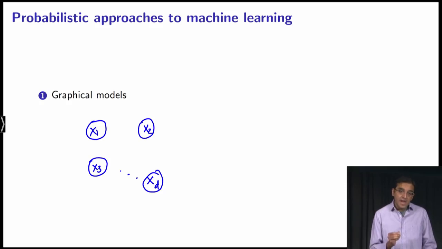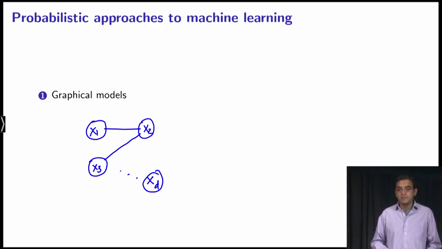And we put an edge between two nodes if we want to capture the dependence between those two features. Now, the size of the model, the number of parameters we need, depends on the number of edges we choose. The more edges, the more parameters.